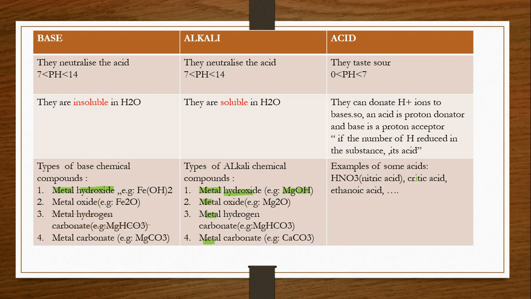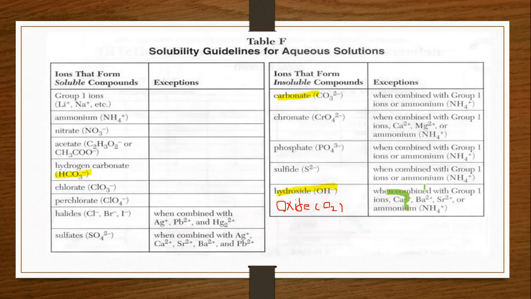That's why we call the acid a proton donor. In general, if you see a reduction in the number of hydrogens in a compound or substance in the equation, it's definitely an acid. There are lots of examples of acids, so I've put some of them here.